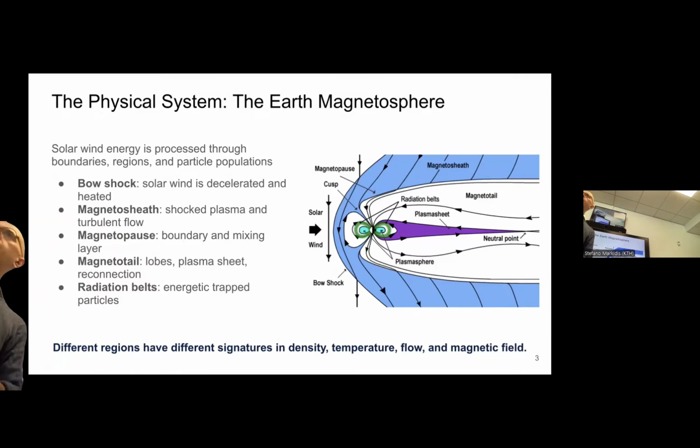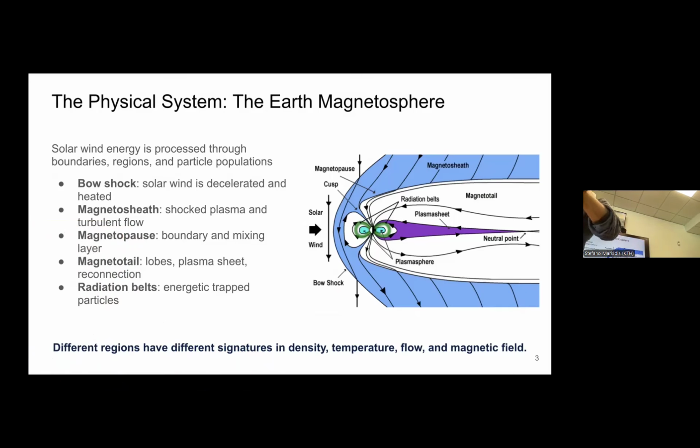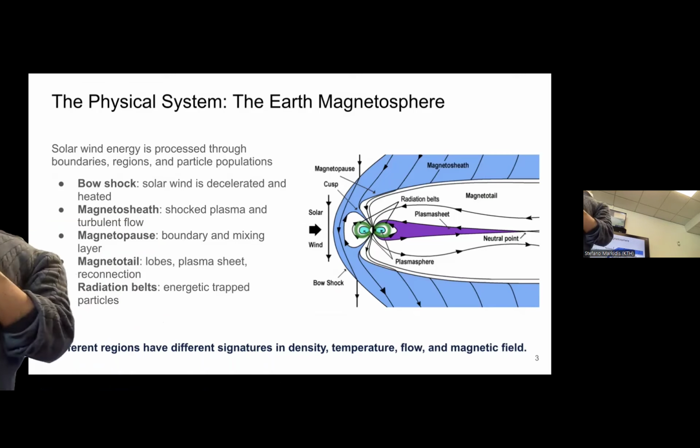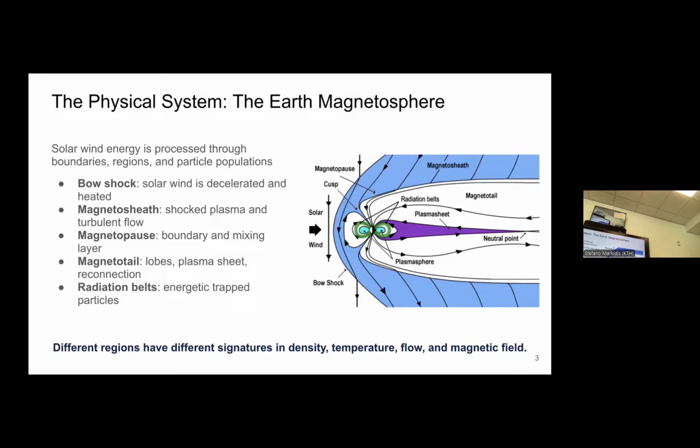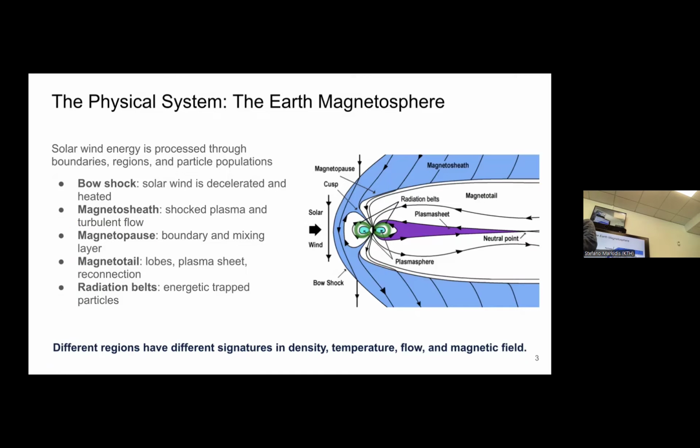After the magnetosheath, there is a very important boundary layer between the shocked plasma after the bow shock and the inner magnetosphere part of the Earth. This is called the magnetopause. And some of you probably know why the magnetopause is important.